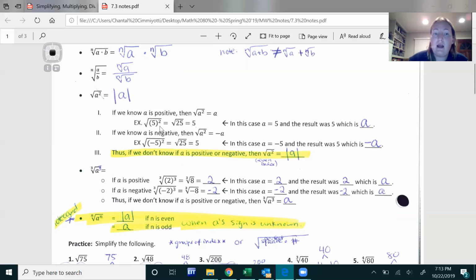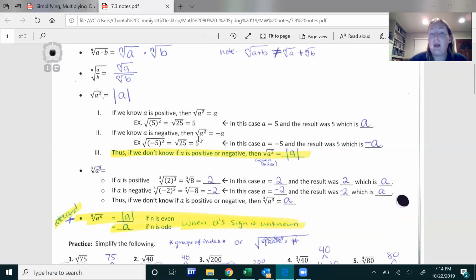I just did it with 9 and negative 9, but here I have this example worked out with 5 and negative 5, and you'll notice it's always giving you a positive 5 as a result. So in the case when we know it's a positive, then it just cancels. And in the case where we know it's a negative for our radicand, when we cancel these out, we're left with a negative.